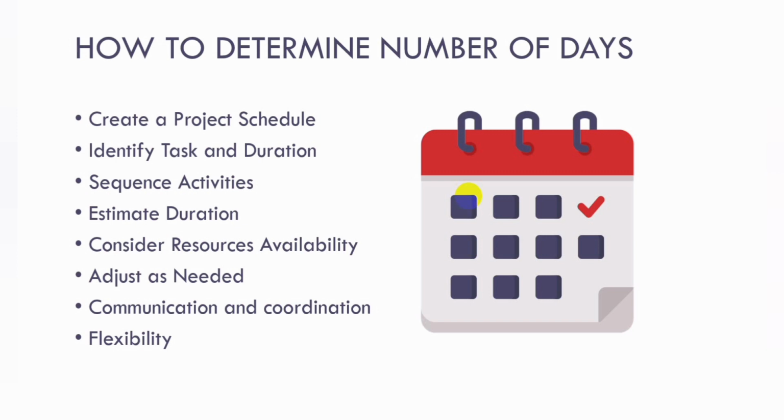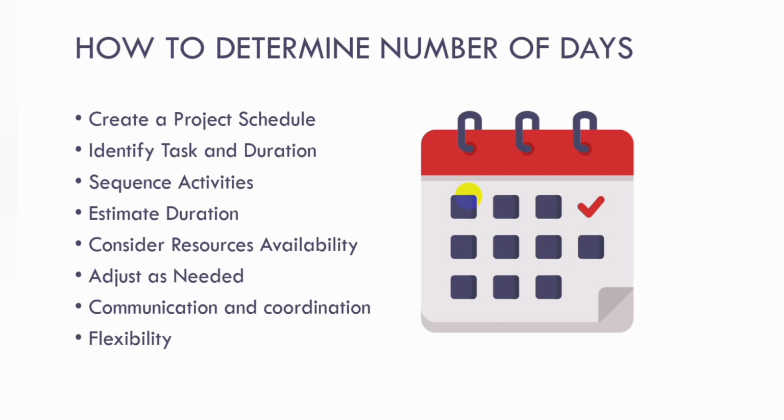Sometimes you need to allocate contingency time, which means you build contingency time into the schedule to account for unforeseen delays or issues that may arise during construction. A common practice is to allocate a certain percentage of the total project duration as contingency time. Sorry, it's not on my slide, but I felt I needed to talk about it. Then we have adjust as needed, which is you have to be prepared to adjust the schedule to accommodate changes in scope, resource availability, or other factors that may impact the project timeline.